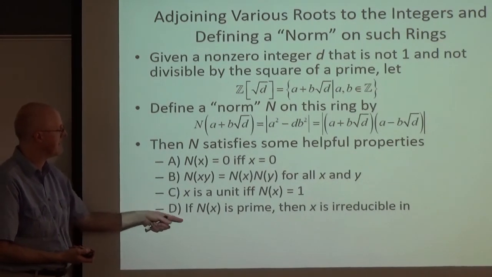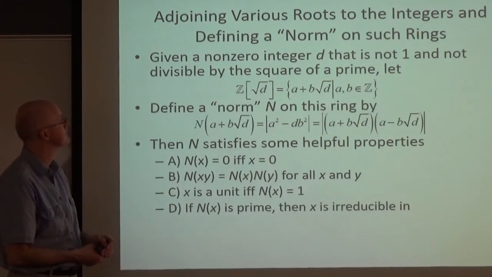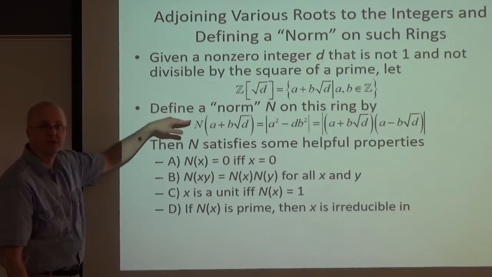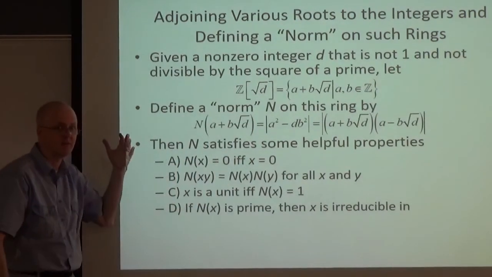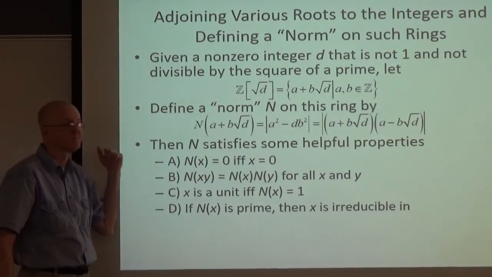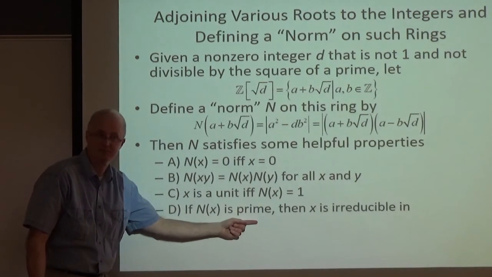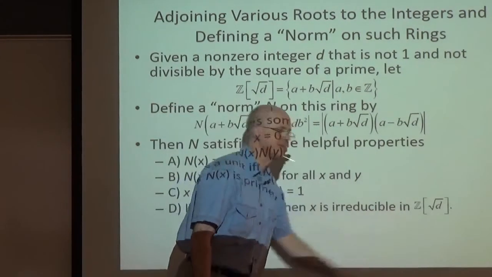And furthermore, if N of x is a prime number, we're talking positive integer here, excuse me, I should say non-negative integer, the output of this function is going to be a non-negative integer: 0, 1, 2, 3, 4, 5, 6, etc. Can't be 1/2, for example. If that is a prime number, then x is irreducible in this ring.